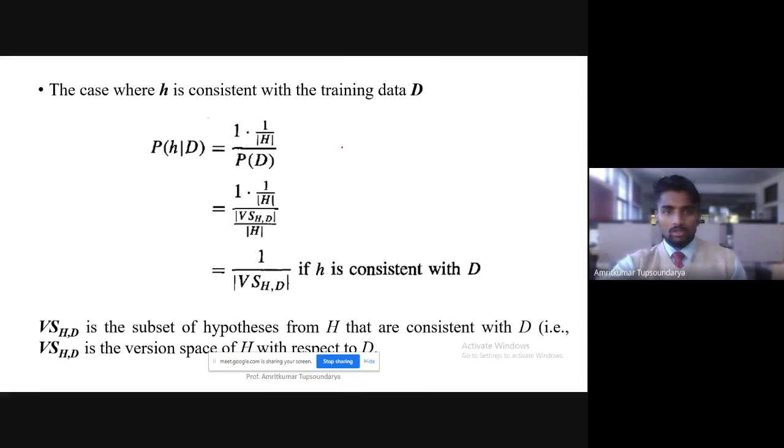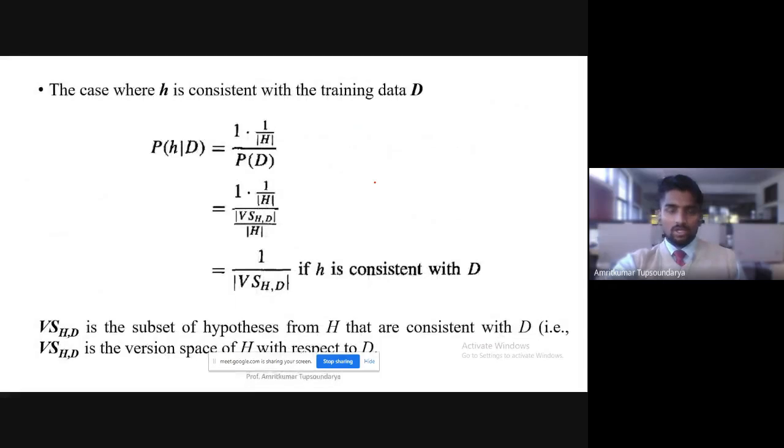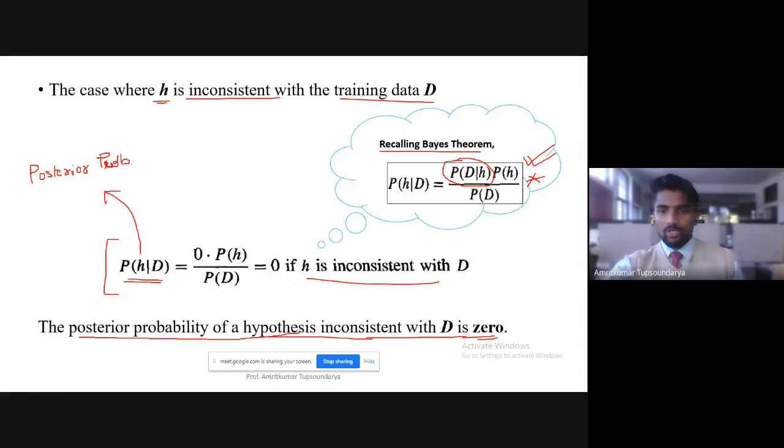So again, you recall the formula, that is the Bayes theorem formula. When we have a hypothesis which is consistent with the training data, then we substitute the value of P of D given H as 1, right? So this will be now 1. Earlier it was 0, now it will be 1, because it is consistent.